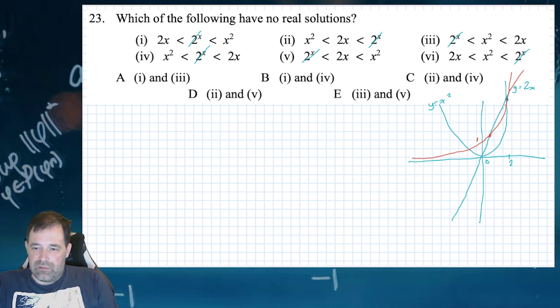So I think this point is when x is 1. So yeah, I think it goes like that, and I think it has to, oh hang on. It doesn't go under, it intersects with it, doesn't cross. I think when x is 1 and a bit, y equals 2x is bigger than y equals 2 to the x.